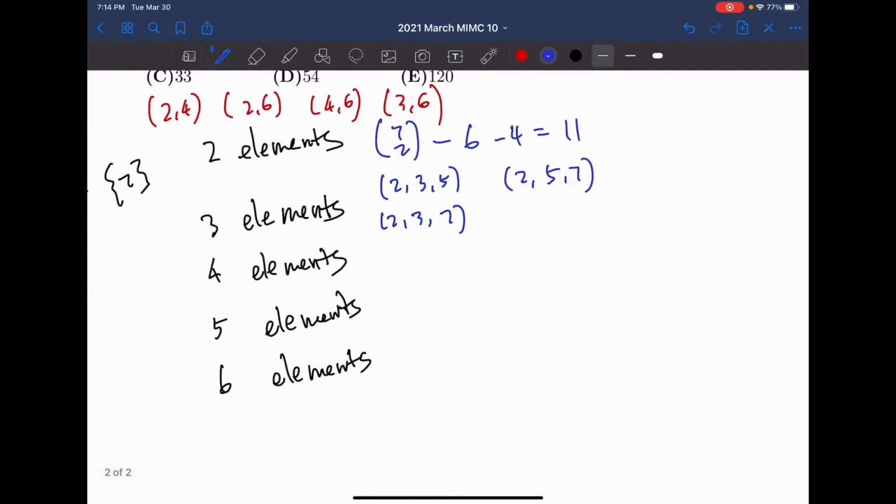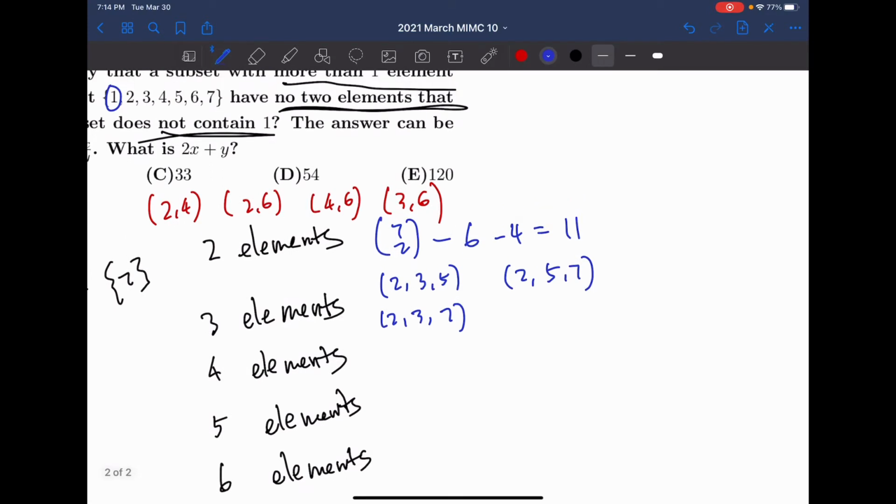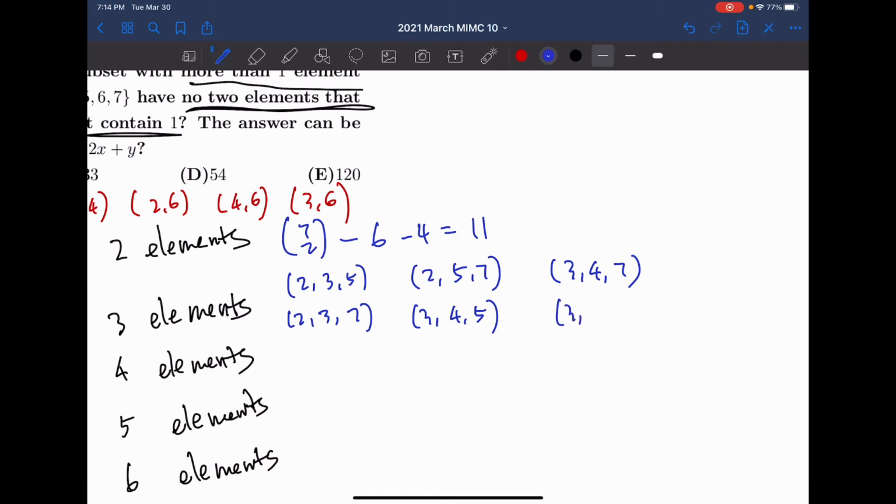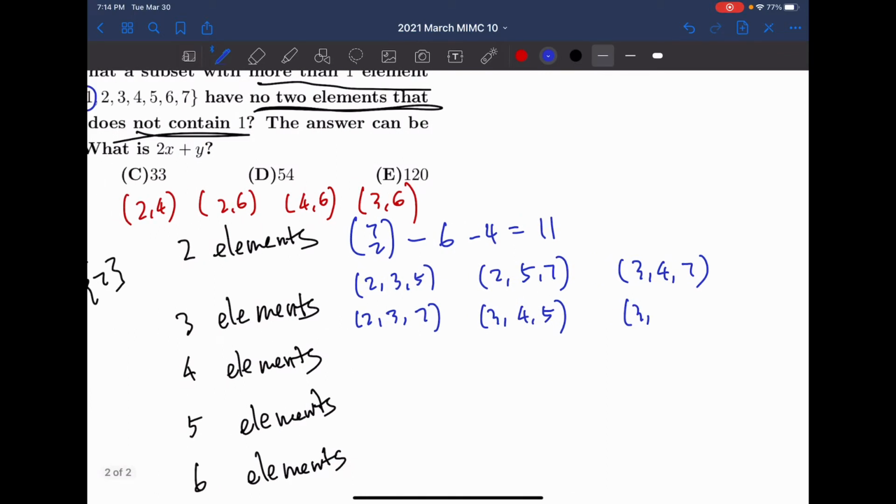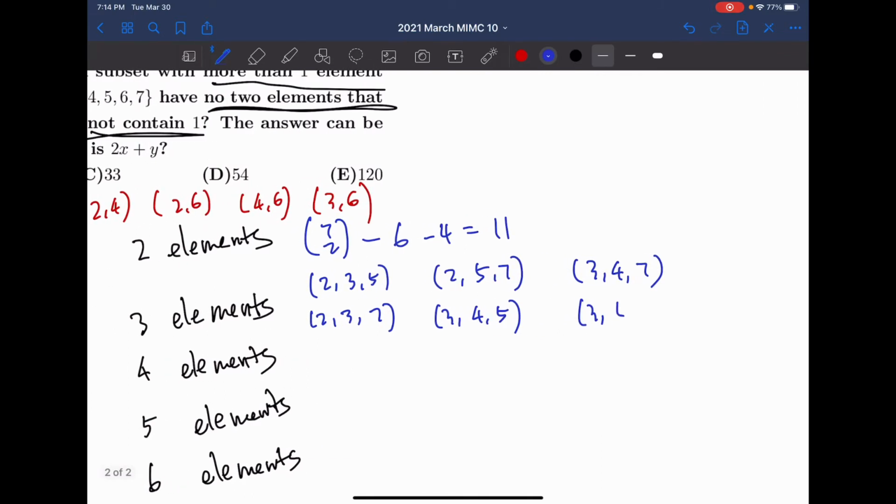So that's all of them starting with 2. So 3 can have 3, 4, 5, 3, 4, 7, 3, 4, or 3, 5, 6. But we cannot have 6, so 3, 5, 7.